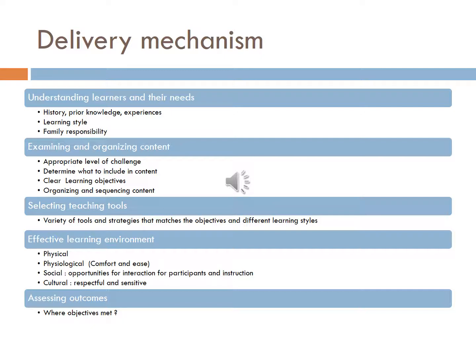And then we need to determine what to include in the content, and this is after having clear learning objectives, and the activities need to be organized in a certain sequence. And then after selecting the objectives and the methods, we select the tools and the strategies that we should be using according to different learning styles, and we shouldn't forget the effective learning environment, whether physical, physiological, social, or cultural.